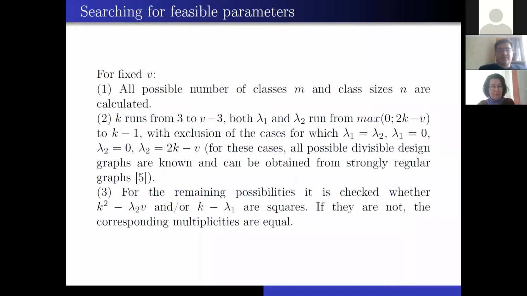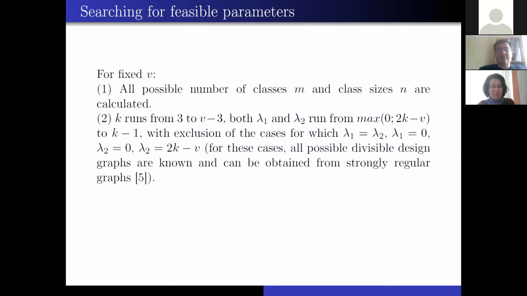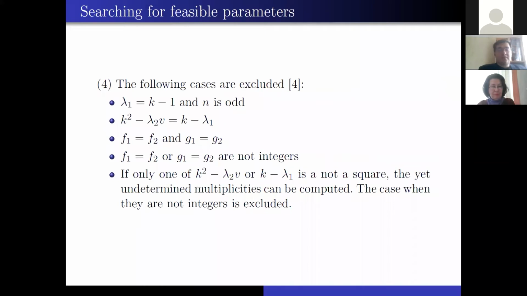The next step is for the remaining possibilities. We check whether k squared minus lambda2 v and k minus lambda1 are squares. If they are not, the corresponding multiplicities are equal, so f1 and f2, or g1 and g2 in some cases. And at the last step, we can reject some sets of parameters. The case lambda1 equals k minus 1 and odd n is excluded.